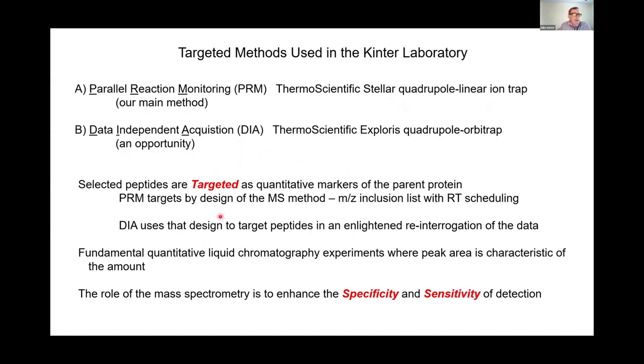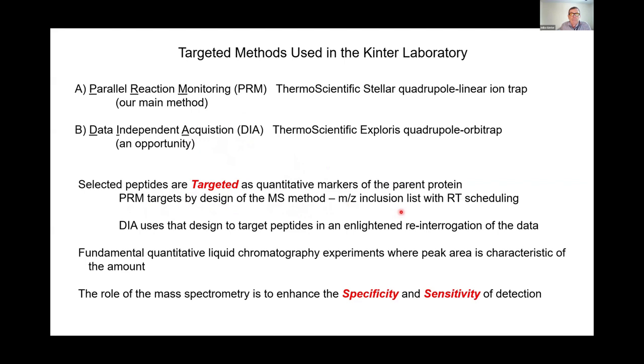In these methods, we use just selected peptides. These are peptides that we put together to be the best quantitative markers, so we don't just necessarily accept the coincidence of what the unbiased methods perhaps use. Those peptides are selected. It takes a little bit of effort. In our PRM experiment, they're an innate part of the design of the MS method.